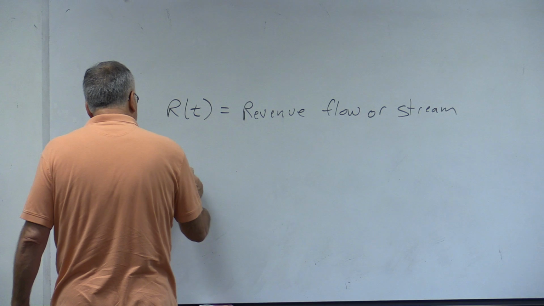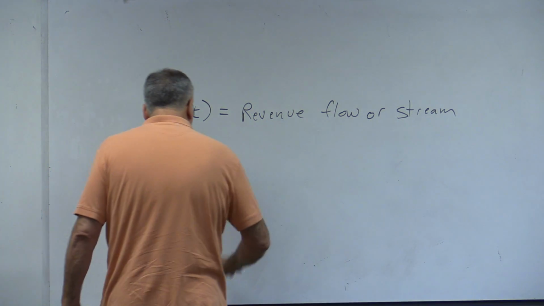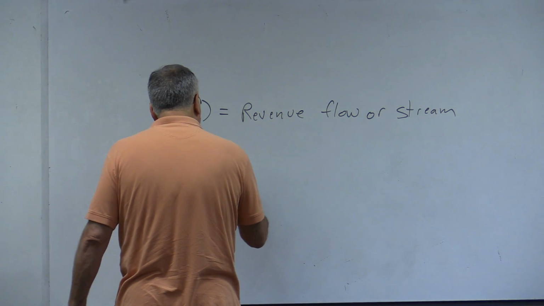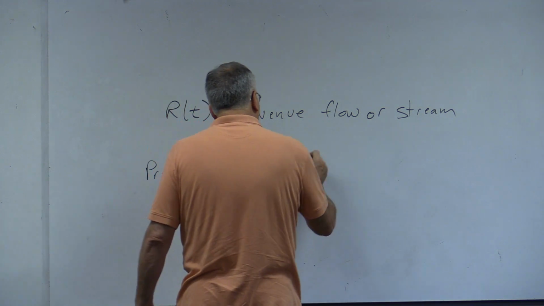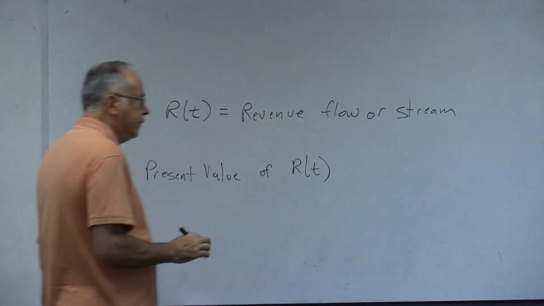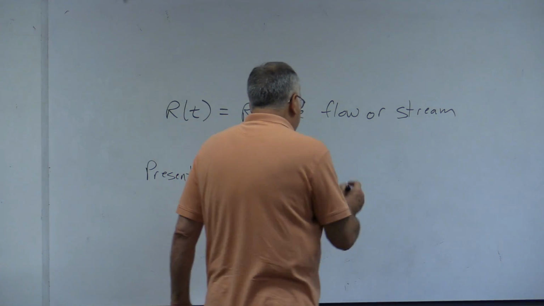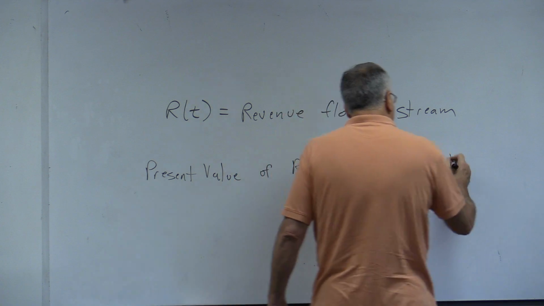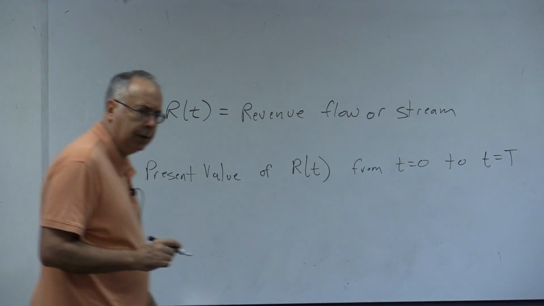Okay. In that case, the present value of the revenue stream over a certain period from, say, t equals 0 to t equals capital T, would be found as follows.